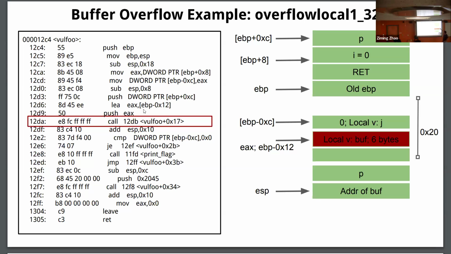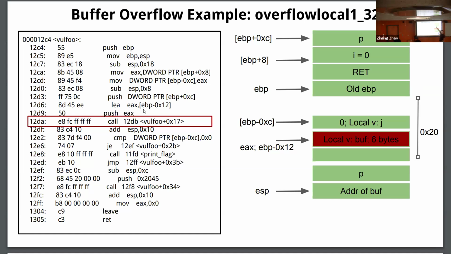But what if you copy 7 bytes? You will overwrite the local variable j, so the j will not be 0 anymore. J will have another value. What if you copy much more? Let's say from here to here will be 18 bytes. If you overwrite 18 or 19 bytes, then you are going to overwrite the old EBP.